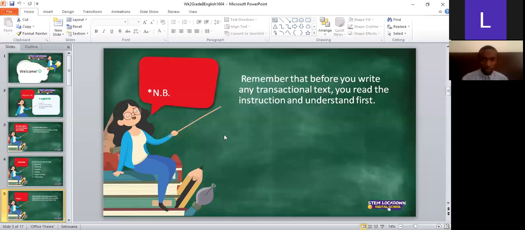So let's continue. Yes, remember, you read the instruction first so that you can understand what the question is requiring of you, what they want from you. That is the first step of any transactional text before you write it.